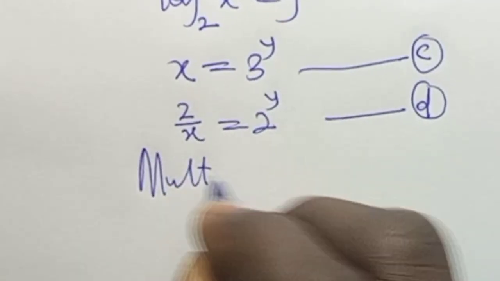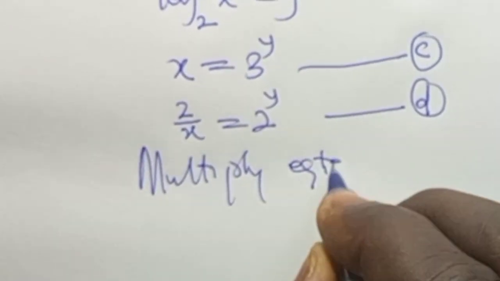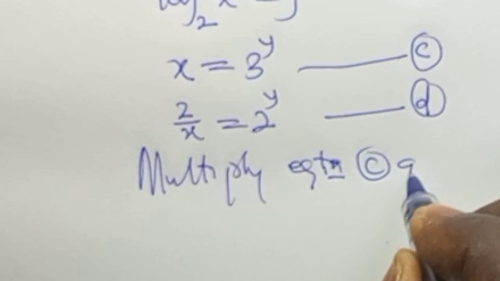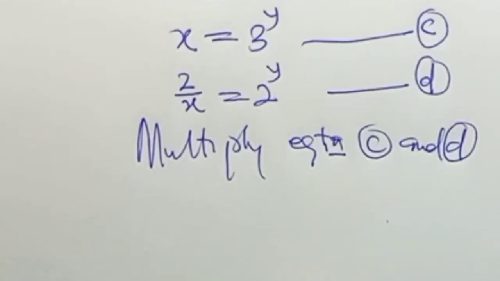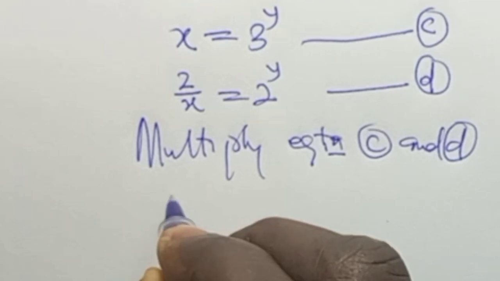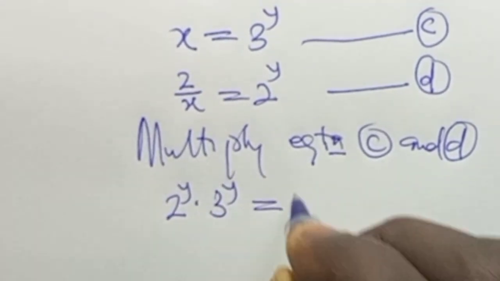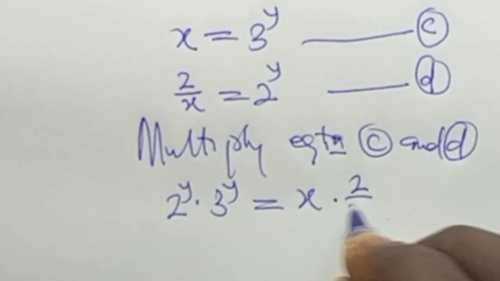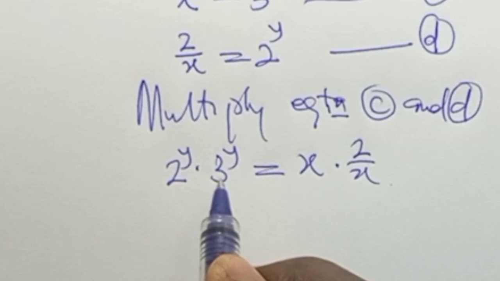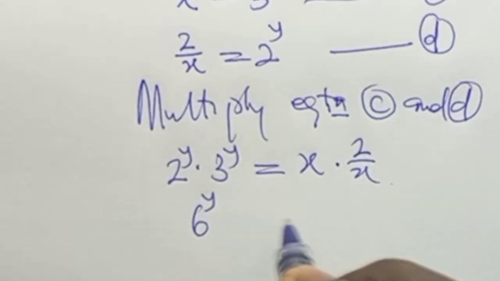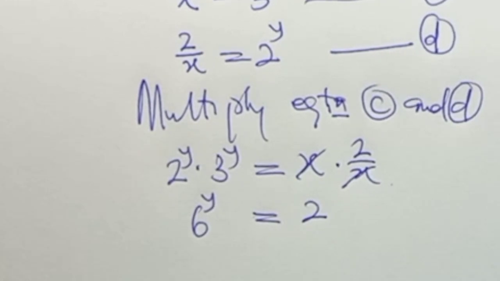We multiply equation C and D, and to become 2 to power y times 3 to power y equals to x times 2 over x. And here, 2 to power y times 3 to power y will be 6 to power y equal to 2, since we cancel out x.